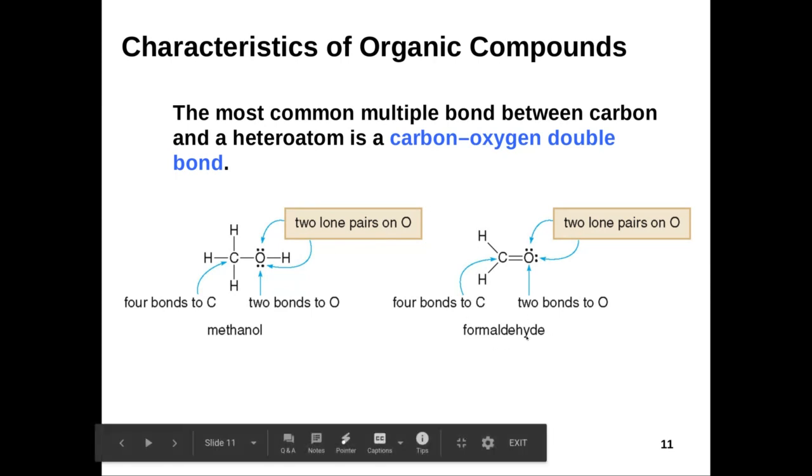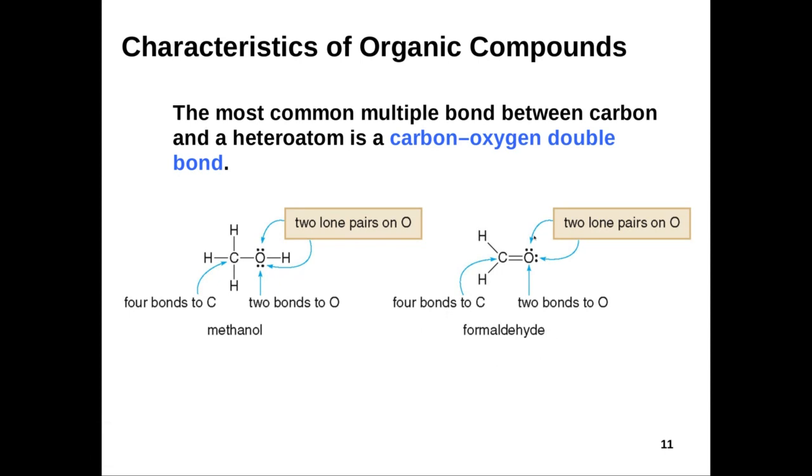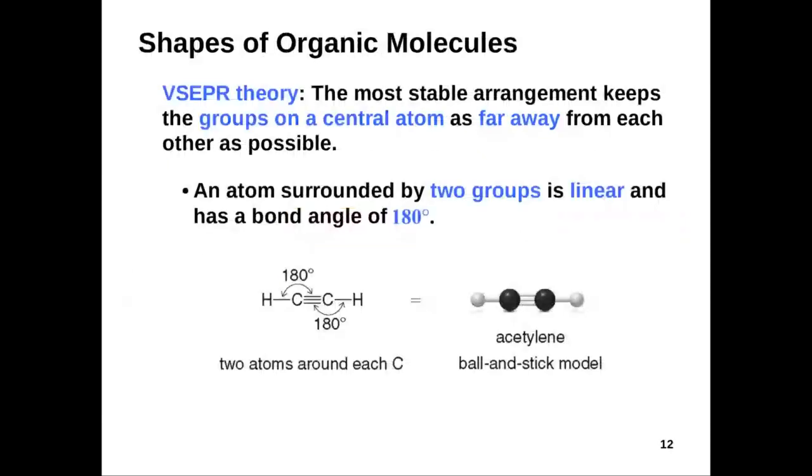Also, if you took Biology 1, when you talk about metabolism, formaldehyde's a pretty common byproduct of metabolism, just as a note. But anyways, that's formaldehyde, carbon double bonded to oxygen. So typically you'll see oxygen bound to carbon either once or twice, with the single bond likely the most common, and the double bond present but not as common.